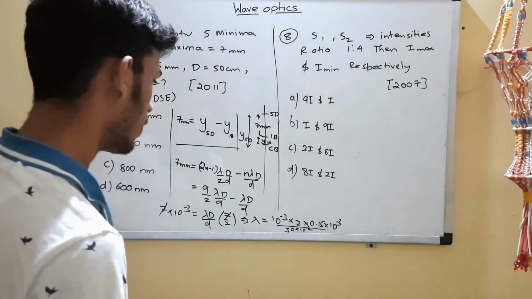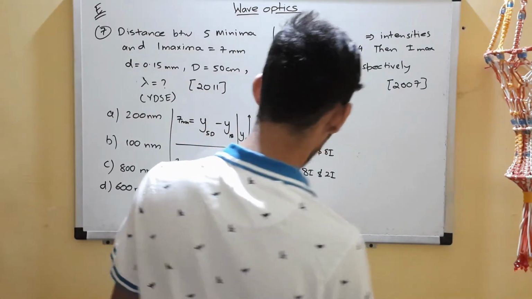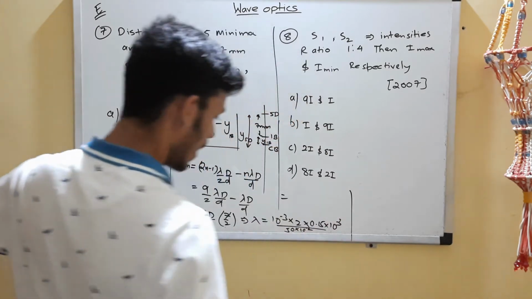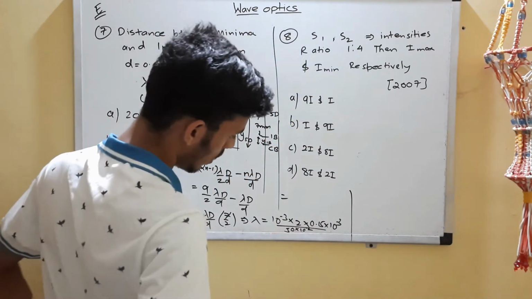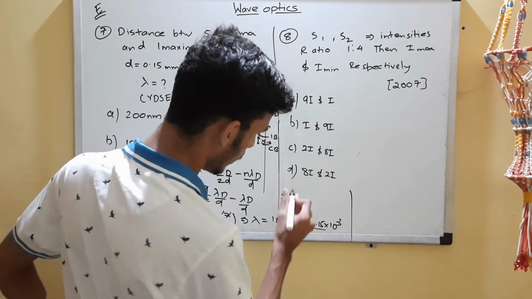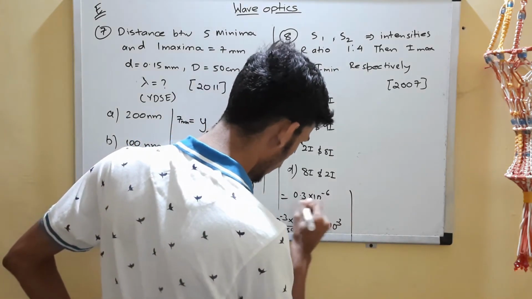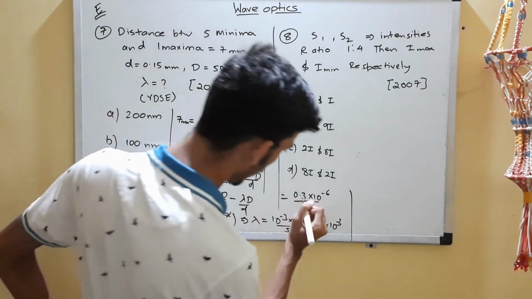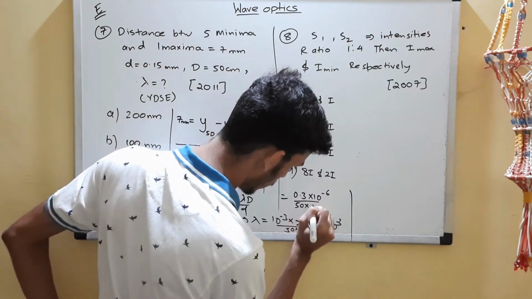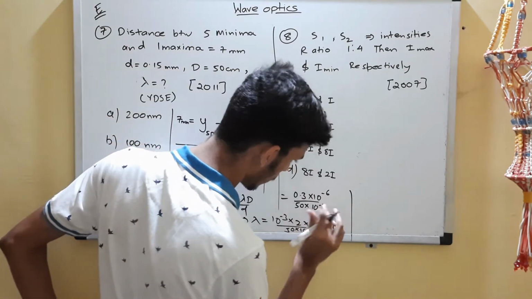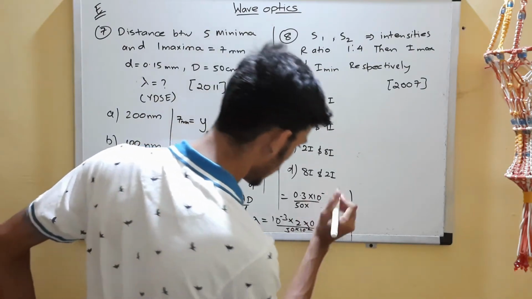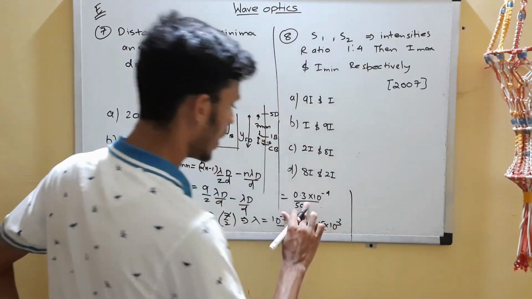Okay, so what are we getting over here? Let's see. 2 into 0.15 is 0.3, and this is 10 to the power minus 6, and here we'll have 50 into 10 to the power minus 2, so this and this can get cancelled as 10 to the power minus 4.